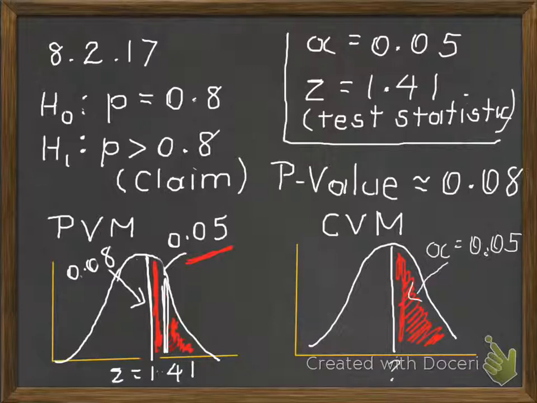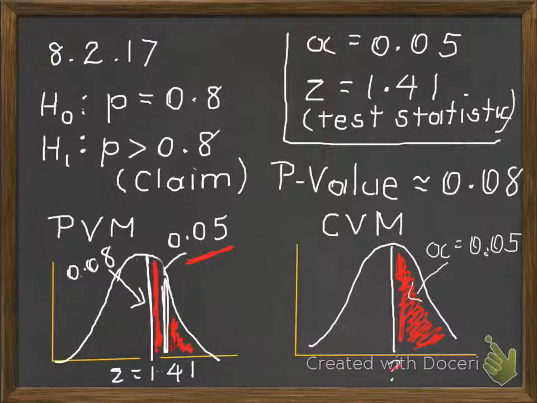And with a critical value method, we are looking for the critical value. So we're looking for this critical value here, which is on the border of this red shaded critical region for the second diagram.